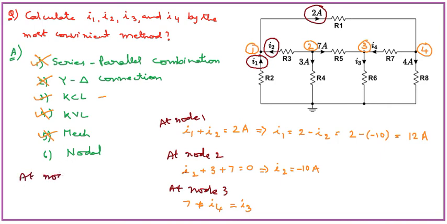At node 4, nothing is coming in, so all currents are going away from node 4.